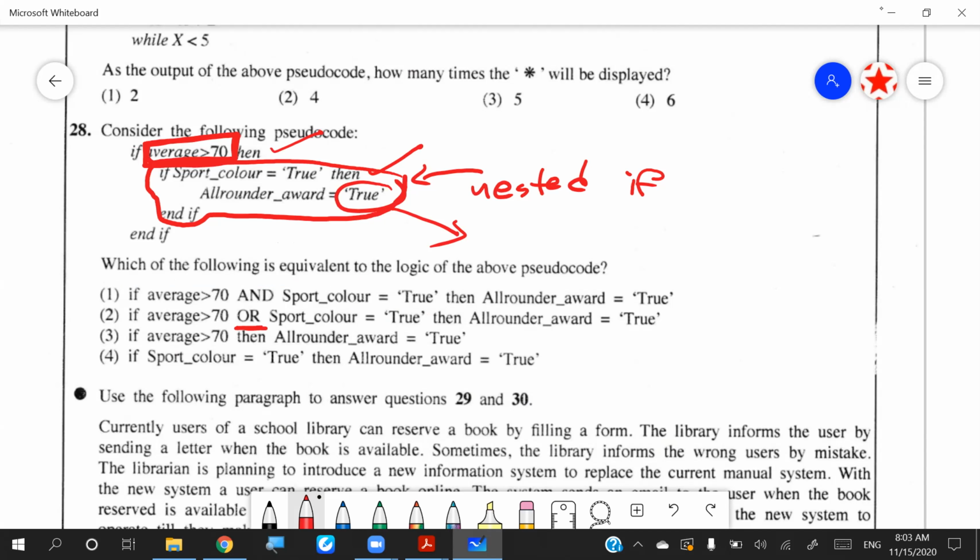Either it is larger than 70 or sport color is true. It's not going to happen. Third one is just having one single condition. It's not going to happen anyway. Fourth one is having one single condition, so it's not going to happen anyway, right? So the first one is going to be the answer.